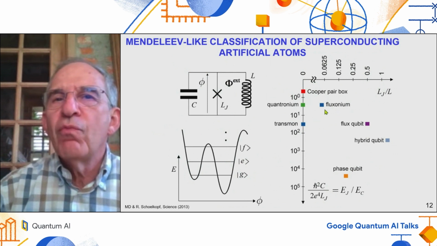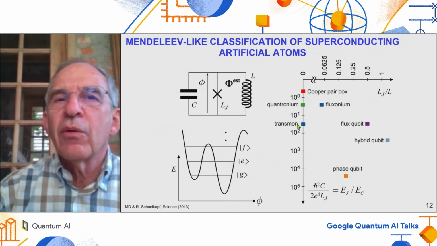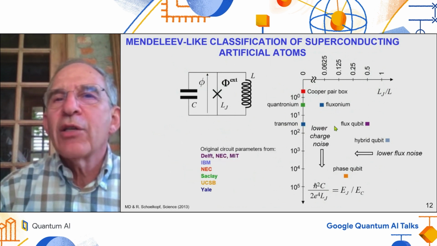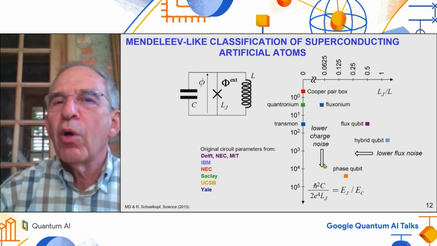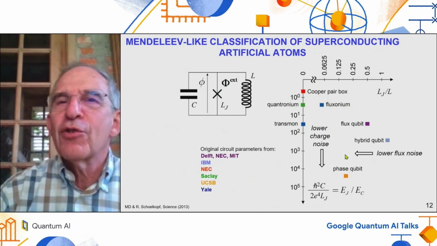There are two atoms that are distinguished here, the Transmon and the fluxonium, and they correspond to a sort of optimum. In this diagram, if you go down, you lower the influence of charge noise. If you go left, you lower the influence of flux noise.